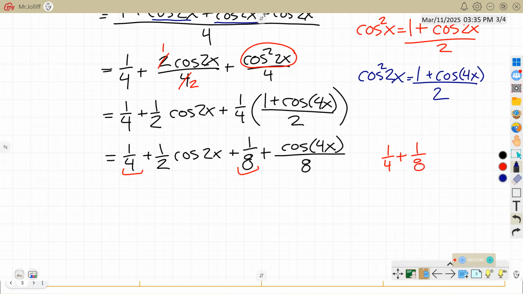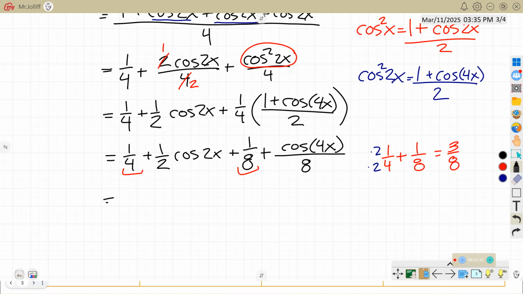When I add fractions, what do I have to do to the denominators? Make them the same. Very good. How do I turn a 4 into an 8? Times 2. Whatever I do to the top, I got to do to the bottom. Very good. So this is going to be 2/8 plus 1/8, which is 3 over 8. So those two fractions that Nati pointed out were like terms.